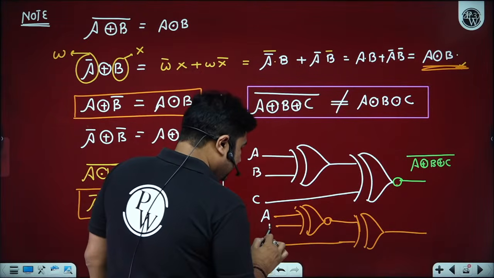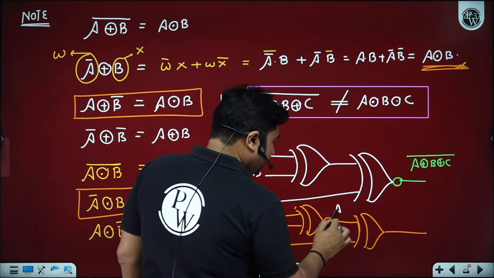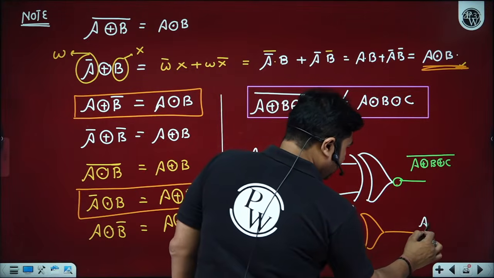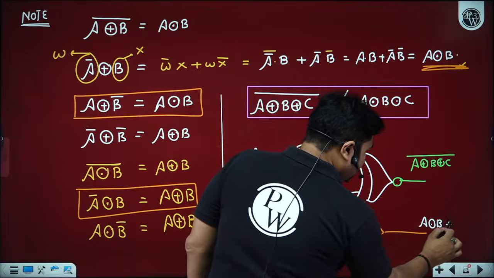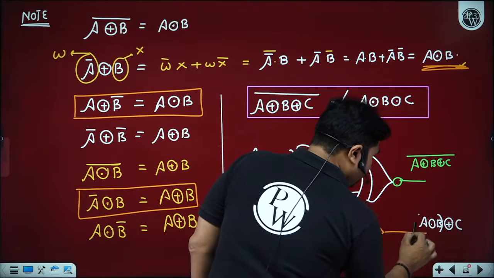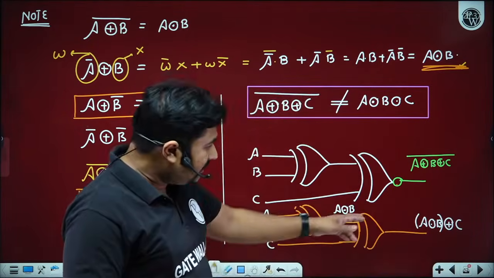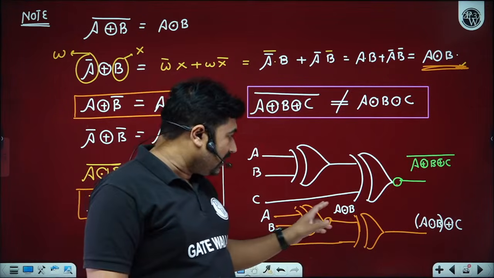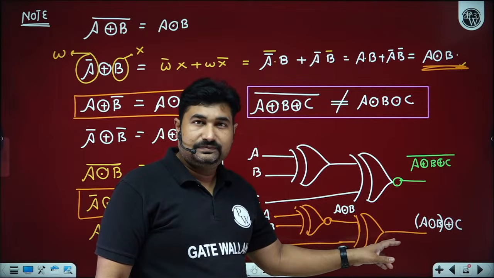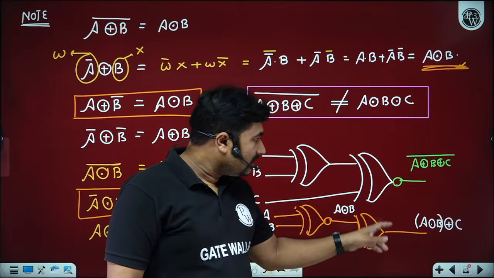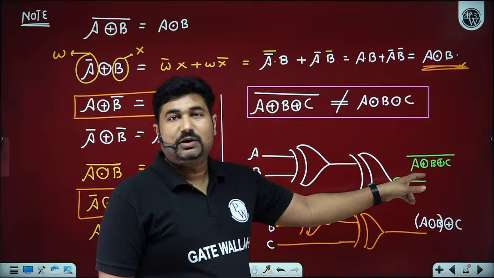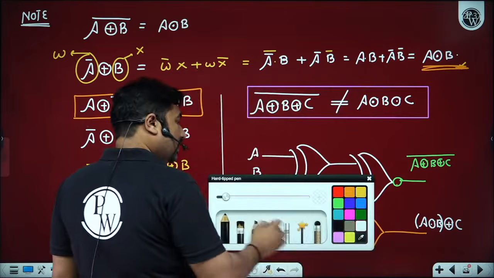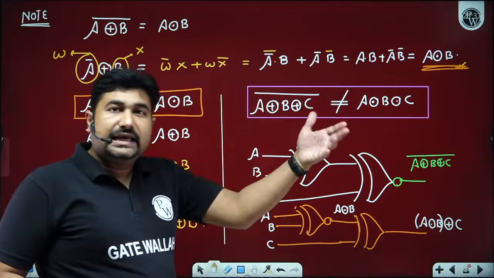Sir, we have A, B, C. So this will become A XNOR B, and then we have A XNOR B XOR C. How many of you are able to understand? This is never going to be A XNOR B XNOR C, because if you consider one more bubble here, then this statement becomes wrong. So these two are always not equivalent. Always remember this.